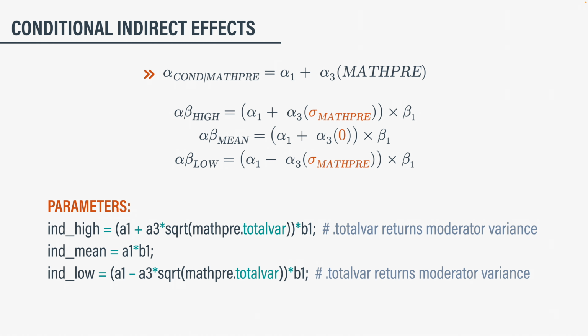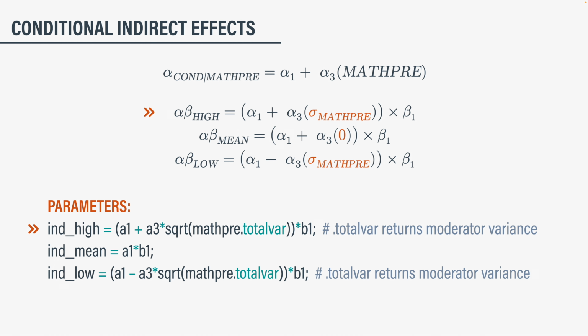The first indirect effect is for students who are high at baseline on their math achievement. So notice that I'm plugging in the standard deviation value into the simple slope equation, and then I'm multiplying that by the B1 coefficient to get a conditional indirect effect. So down in the parameters command, I've appended the word total var to the math pretest variable's name.